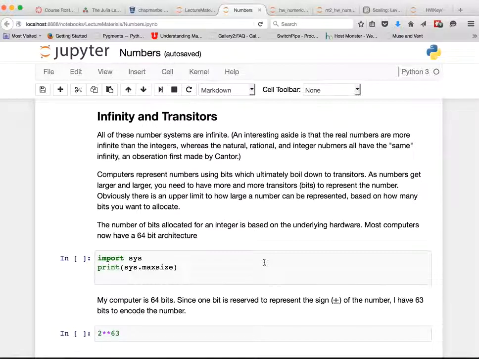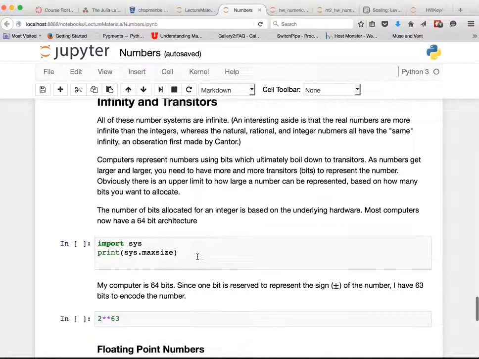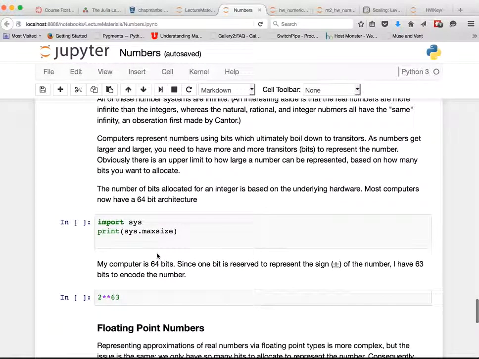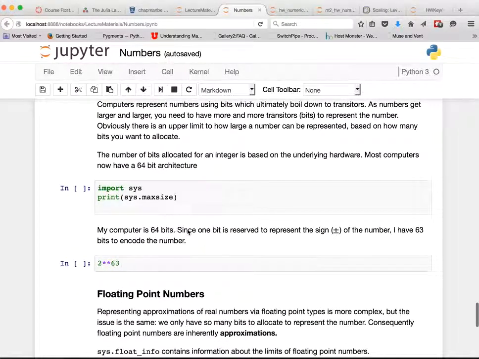So we have to make choices about how large a number we're going to represent in our system. As we went over in class, Python provides a max size, the largest number that can be represented in hardware by the computer. You can read up on the details of this if you're interested.